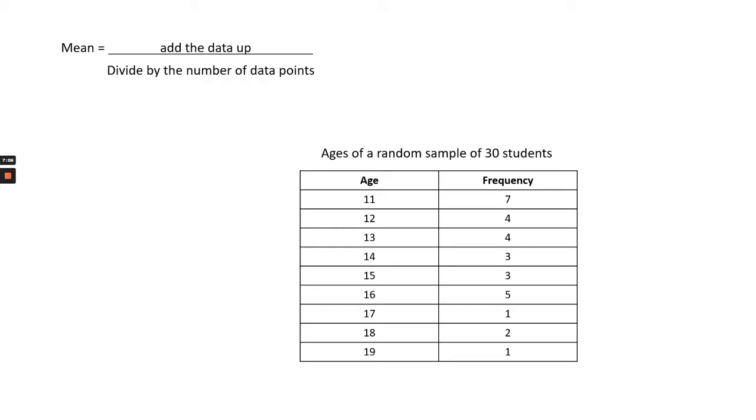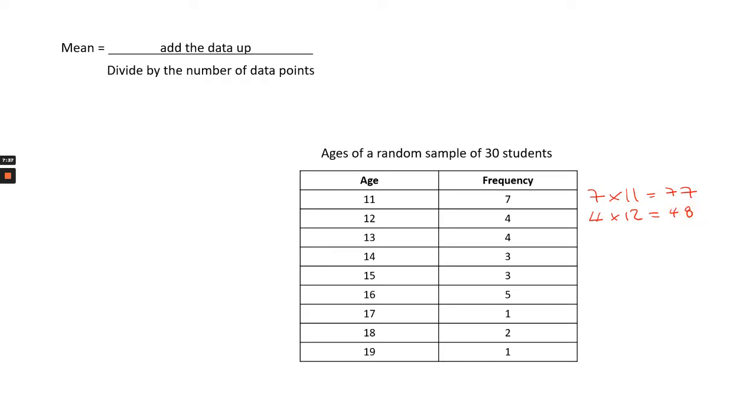Now, if I've got 7 people who are aged 11, the total age of everyone who's aged 11 is going to be 7 times by 11, and so I get 77. The total of all 4 people who are aged 12 is going to be 4 times by 12, which will give me 48.